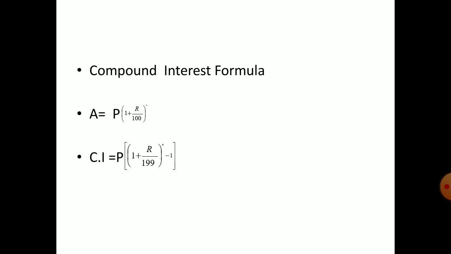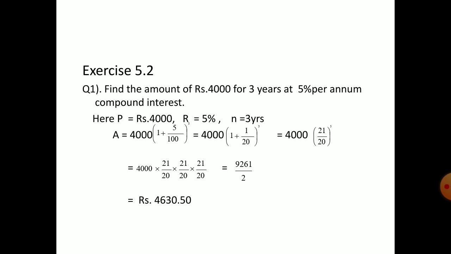Got it? The formula for amount is P into 1 plus R by 100 to the power n. Got it? And compound interest is equal to P times 1 plus R by 100 to the power n minus 1. Got it?